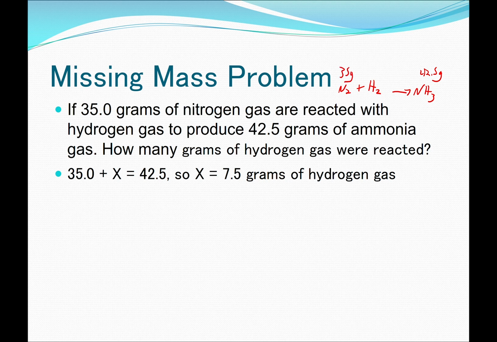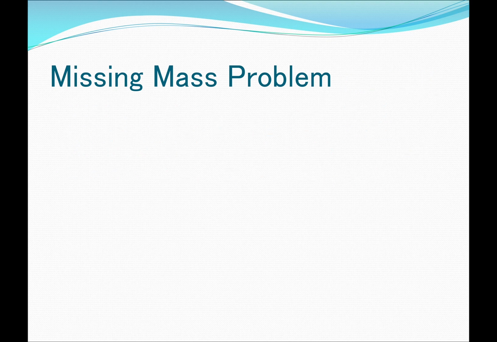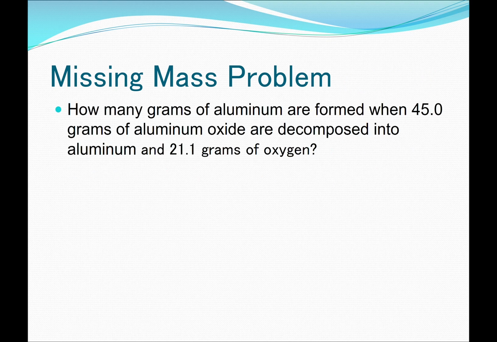So if the total ammonia is 42.5 grams, whatever this is plus the 35 has to equal 42.5. So we need 7.5 grams of hydrogen in order to make our 42.5 grams of ammonia. Let's try again. How many grams of aluminum are formed when 45 grams of aluminum oxide are decomposed into aluminum and 21.1 grams of oxygen?